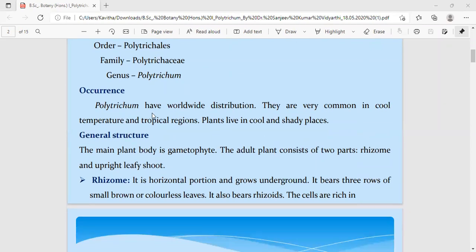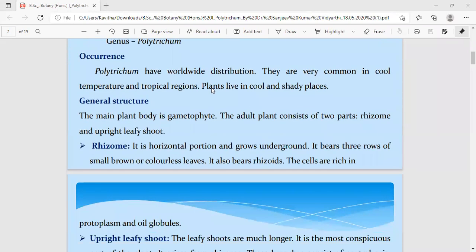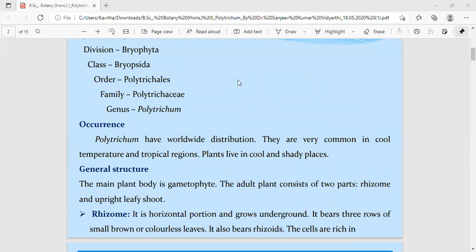When we talk about the habitat, another important point is that Polytrichum is called a moss plant. All the Bryophytes coming under this class Bryopsida are commonly called moss plants, M-O-S-S, mosses.